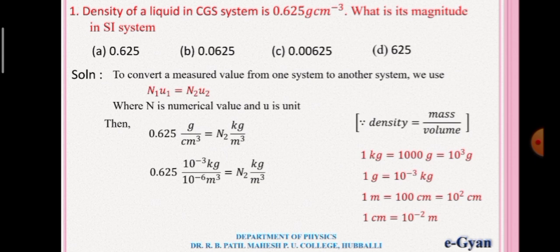We have kg per cubic meter on both sides, therefore these two will get cancelled, and then N2 is equal to 0.625 into 10 to the power of minus 3 into 10 to the power of plus 6. When I take this to the numerator it becomes plus 6. After simplifying this I get 625. Therefore N2 is equal to 625. The magnitude of density in SI system is 625. Hence option D is correct.